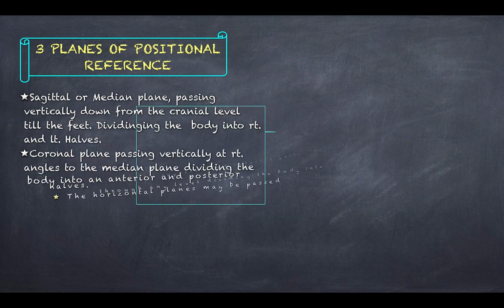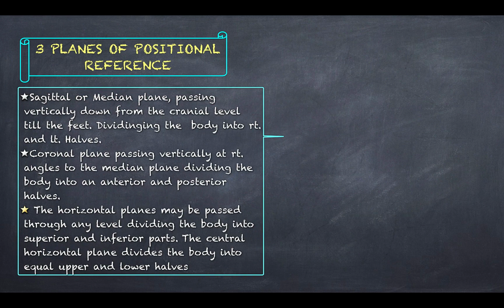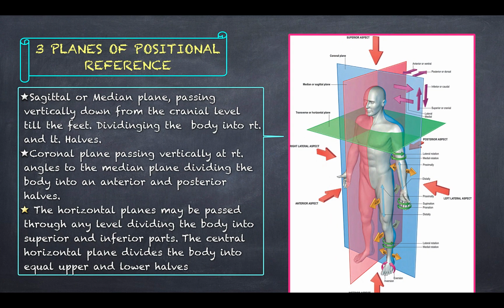Now then we pass some imaginary planes. They're imaginary, but we have to remember them always. These are the planes which we have to refer to when describing an organ. The sagittal or median plane passes vertically in such a way that it divides the body into a right and a left half. Then a coronal plane, which is again vertical but at right angles to the sagittal plane, divides the body into anterior and posterior parts.